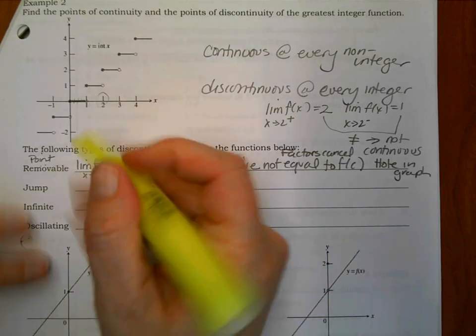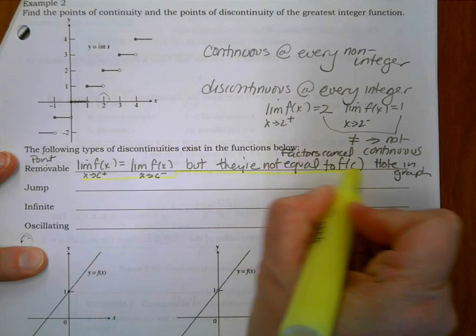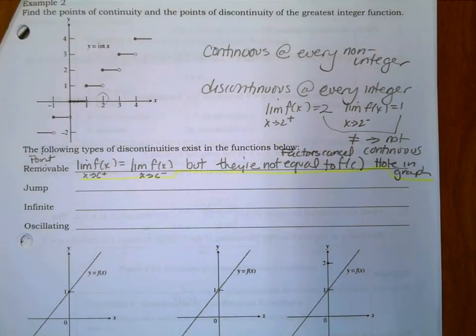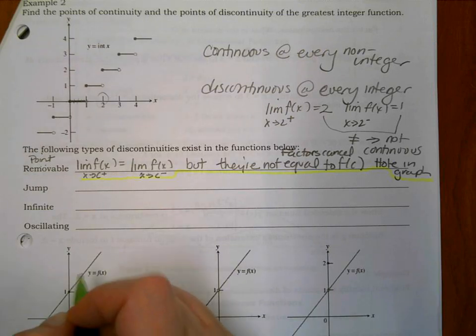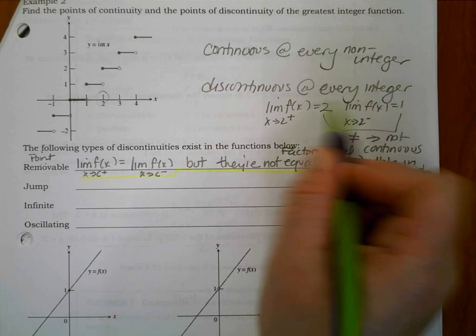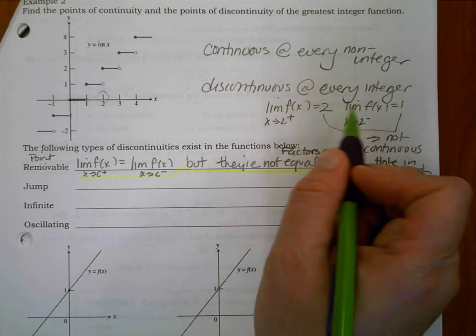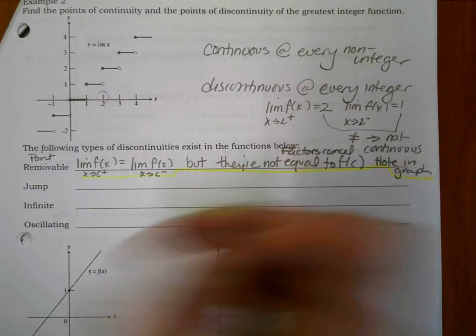So removable discontinuities are also called point discontinuities, which give you a hole in the graph, and we would have a factor that cancels from the top and the bottom if it was something that could be written as a fraction. A jump discontinuity is like what we see here, which is when the left and right hand limits end up being different.